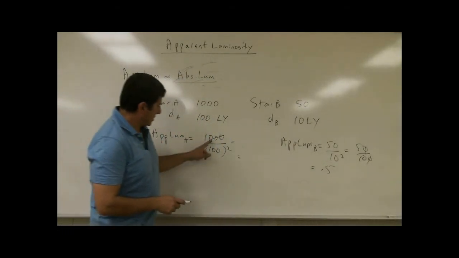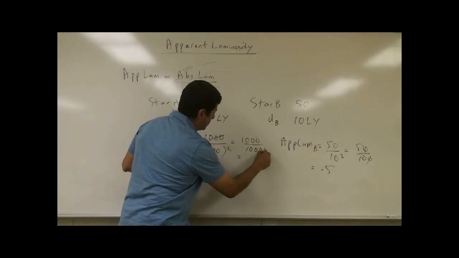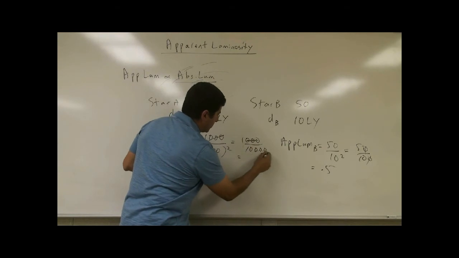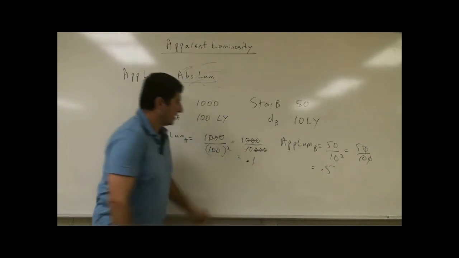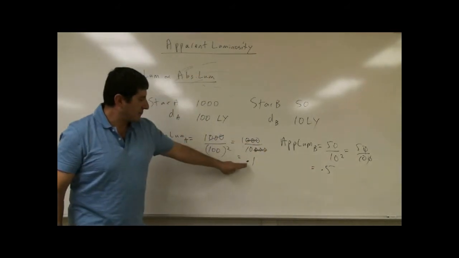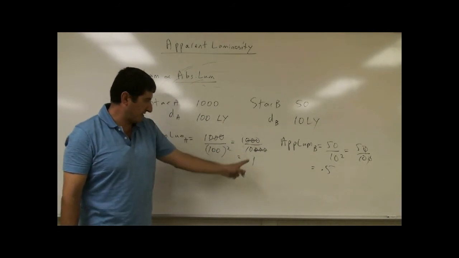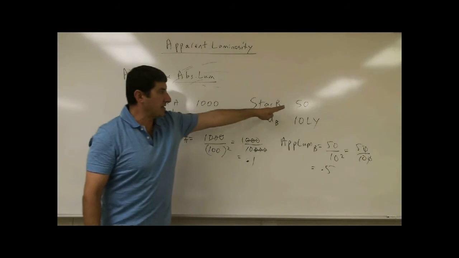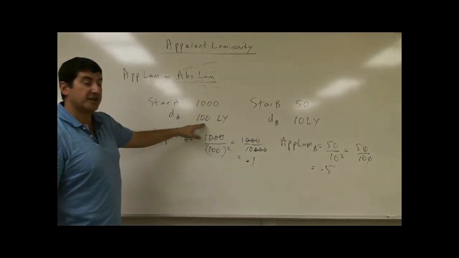Well, now you have 1,000 divided by 10,000. Three zeros will cancel, leaving 1/10. So that's going to be 0.1. That one still wins. It's about 5 times brighter looking than this star. 0.5 versus 0.1. So the 50 luminosity, 10 light years away, beats the 1,000 luminosity, 100 light years away.